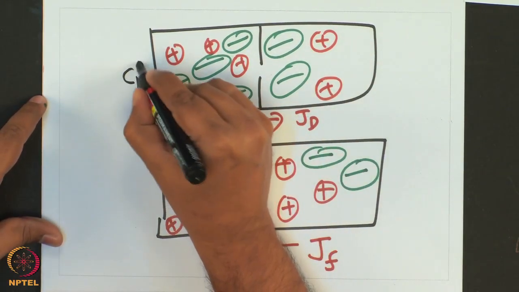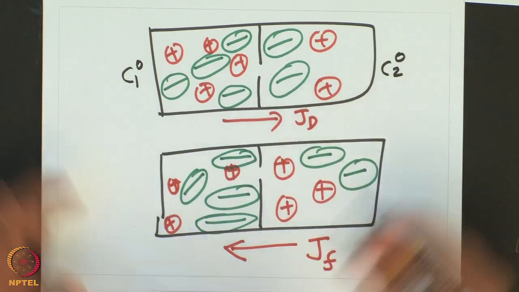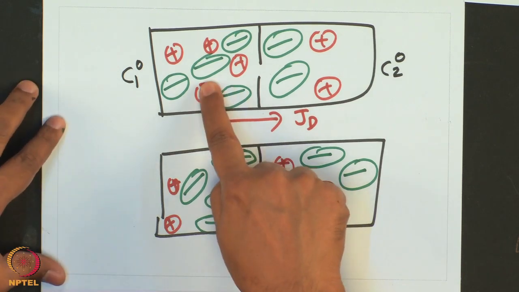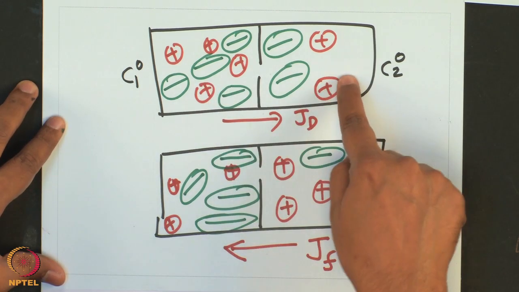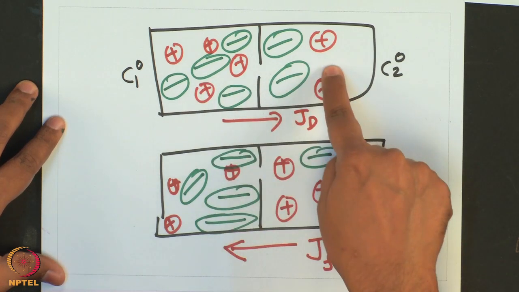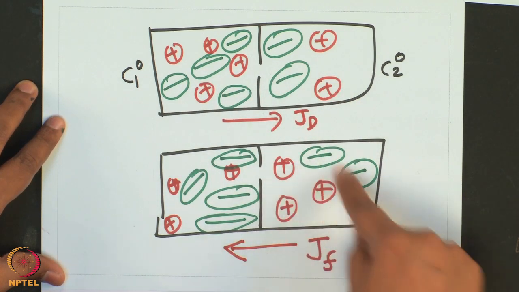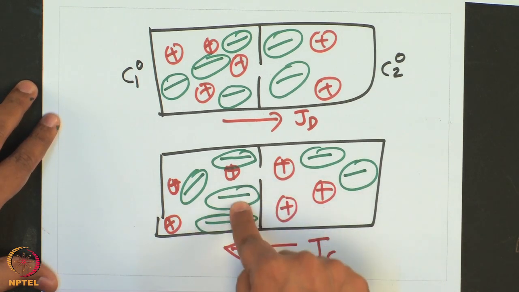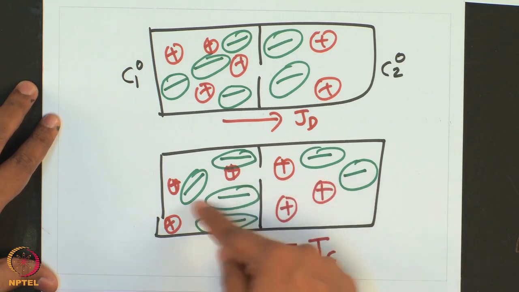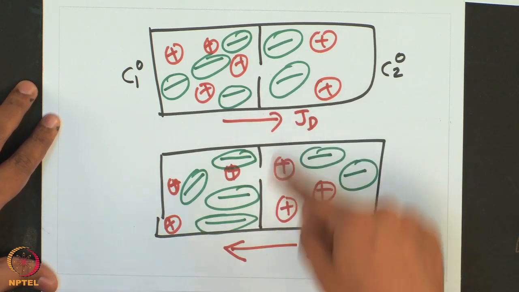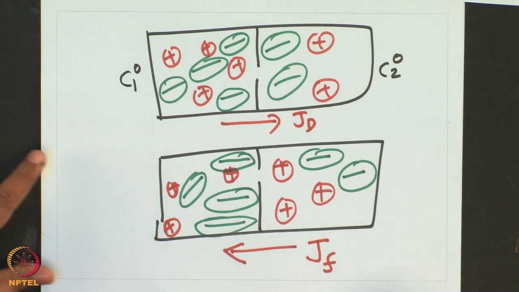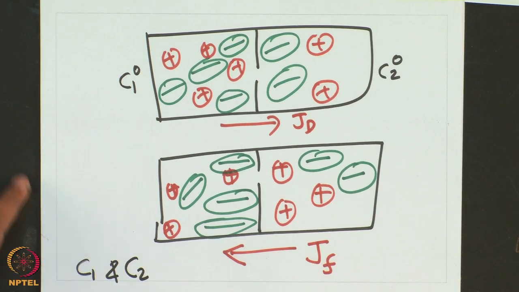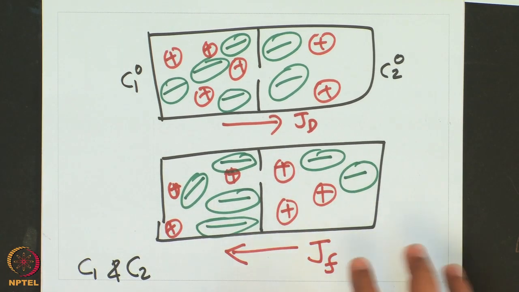There are more plus ions here than here, so there will be a diffusion of plus ions. Since plus ions increase here and minus ions are more here, they will be pulled back because there is more negative charge here. These two flows balance, and when they balance, you reach the final concentrations C1 and C2.